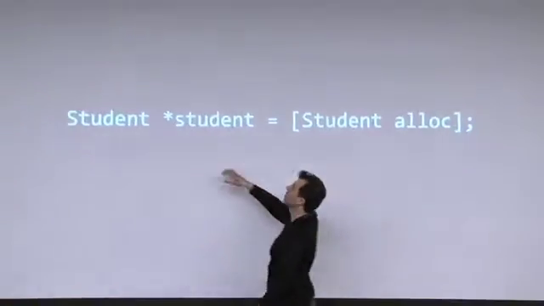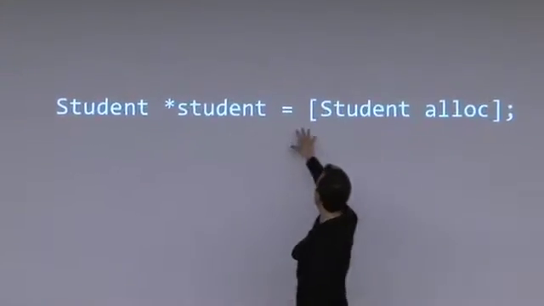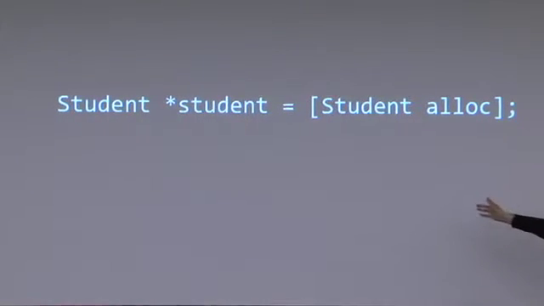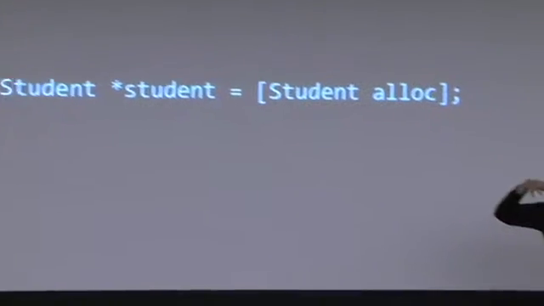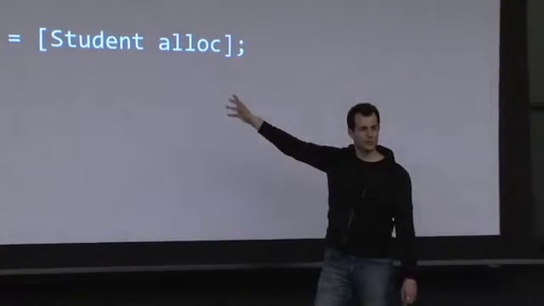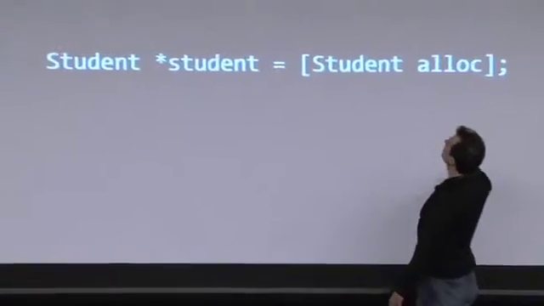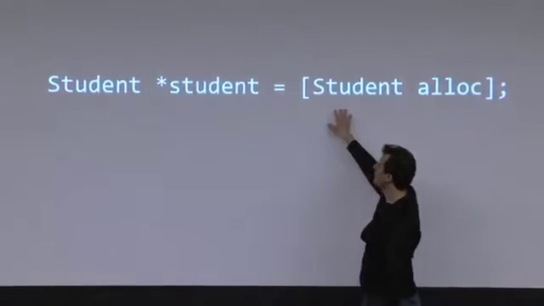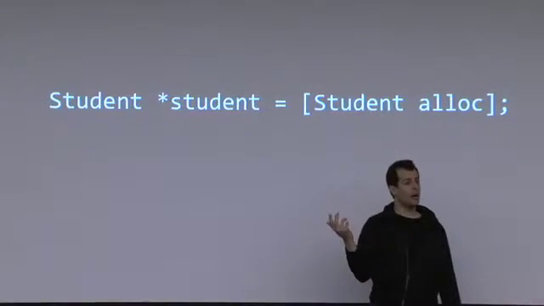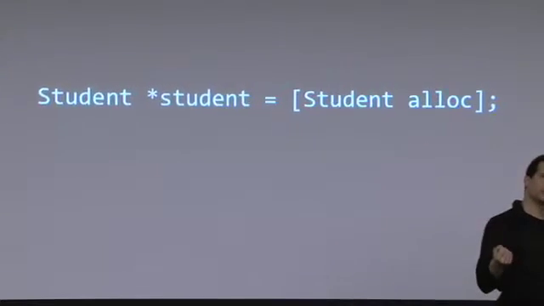Here's why we care about pointers now from C. When you allocate an object, think of this as kind of like a constructor, like calling new in Java. It's going to look a little like this. Here I'm allocating a new object of type student. What I'm getting back really is the address of that object. I'm not getting back the object per se, because it could be a variable size depending on how much stuff I cram into that class.